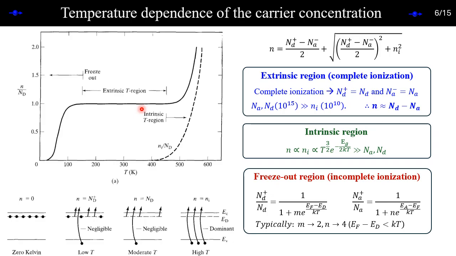But what would be the gap EC minus EF at 500 Kelvin? You should be able to answer this without solving, just from this graph. EC minus EF? Half of the gap. Okay, that's the right answer.